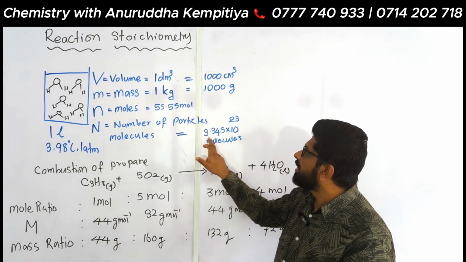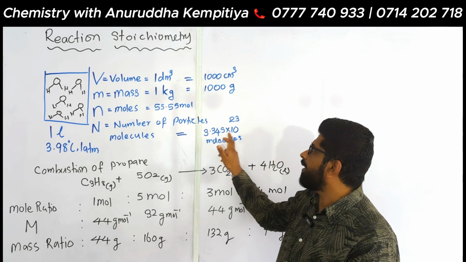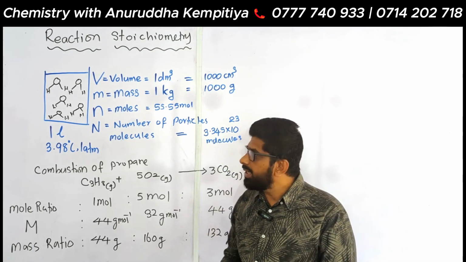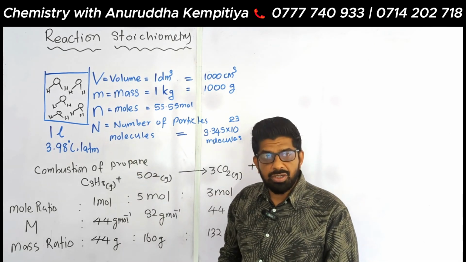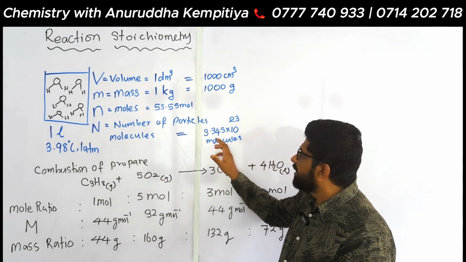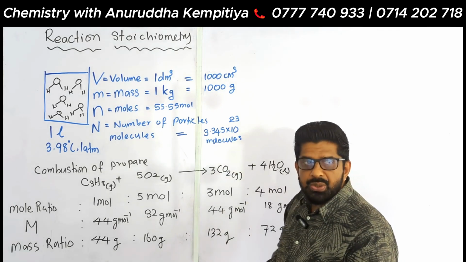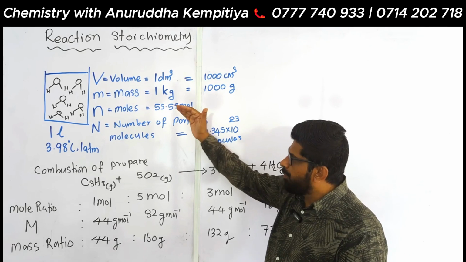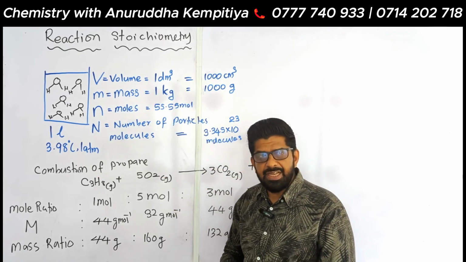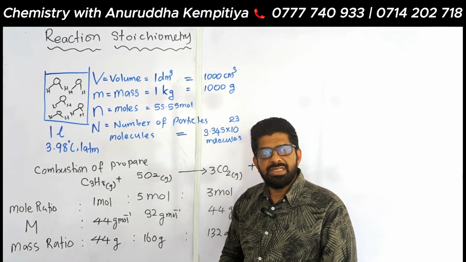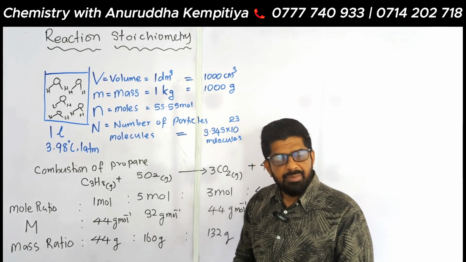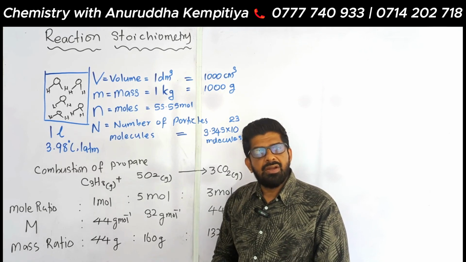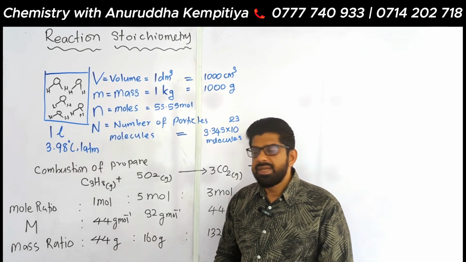There are 3.345 times 10 to the power 23. The matter particle in the beaker is nothing but water molecules. There are 3.345 times 10 to the power 23 water molecules in this beaker. So these are the 4 basic methods that we express the quantities in the chemical laboratory when we do experiments.